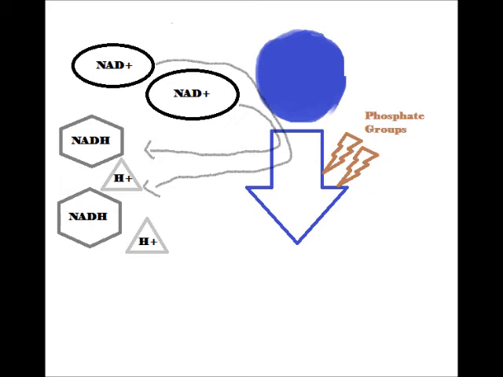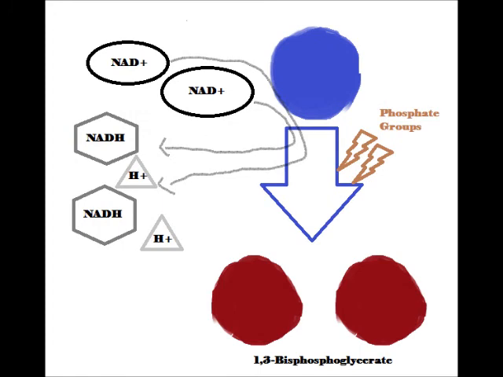So now you're trying to pay that off with exergonic processes. You're trying to roll the ball downhill and get more energy, since you've been pushing it up the hill for the past few steps. So you get your release of energy there, and you take in the 2 phosphates, and you get 2 1,3-bisphosphoglycerates.